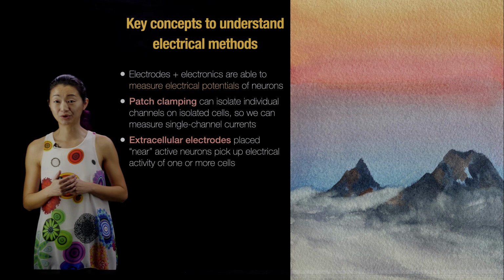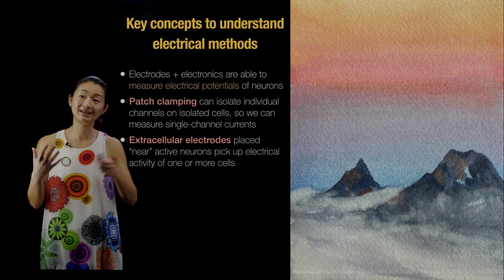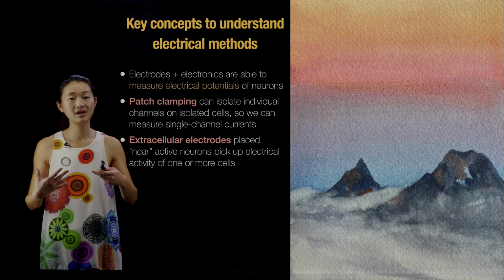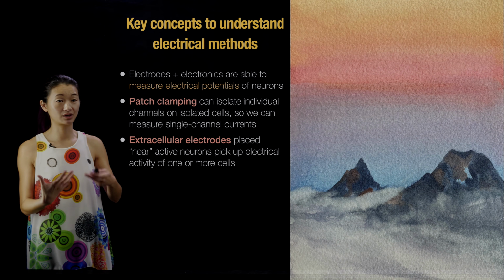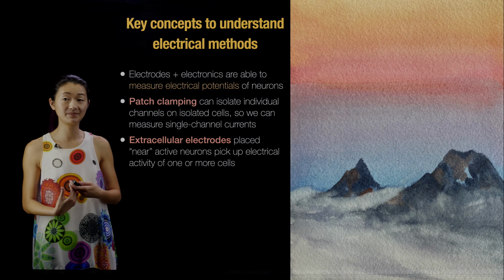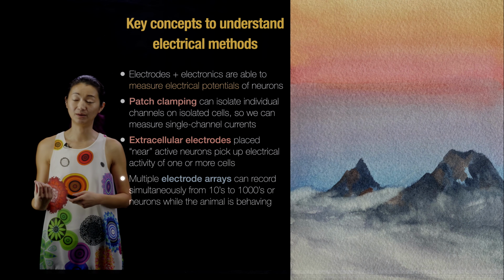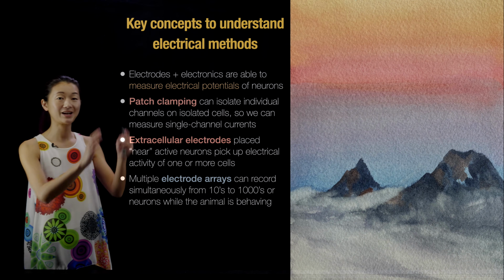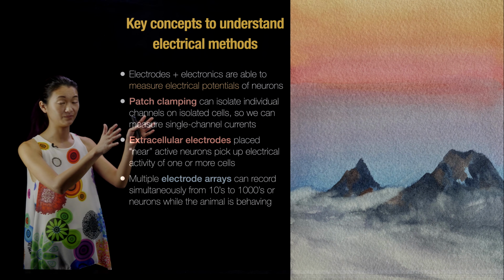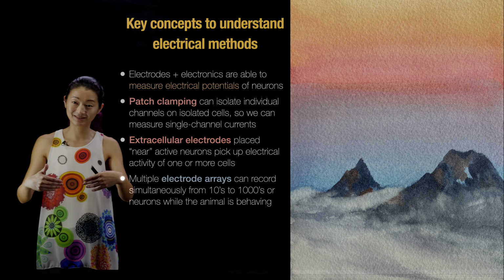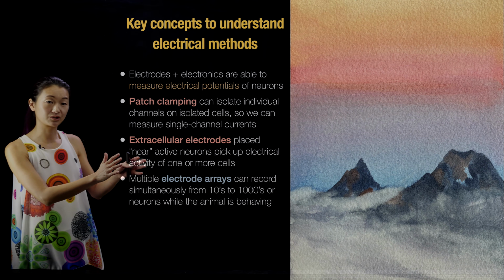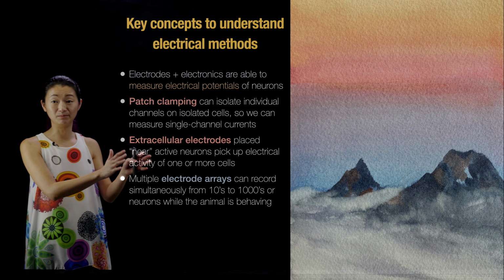We also talked about extracellular electrodes, which are listening in, but at a far away level. You're picking up near active neurons by picking up their electrical activity. And what you've gained in terms of the trade-off is that now you can do multiple cells at the same time. With patch clamping, you can only really do one cell, right? You have to get separate glass pipettes to do multiple ones. Each extracellular electrode can pick up potentially multiple cells.